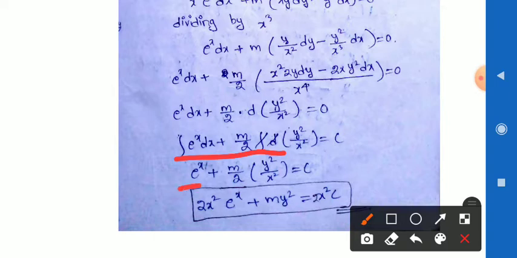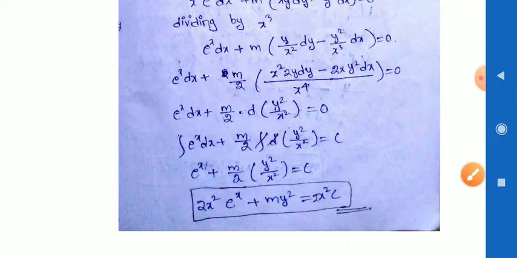Integration and differentiation cancel, and we get m by 2 into y square by x square is equal to c. Therefore we get the general solution, that is 2x square e power x plus m y square is equal to 2x square c, which is the general solution for the given problem.